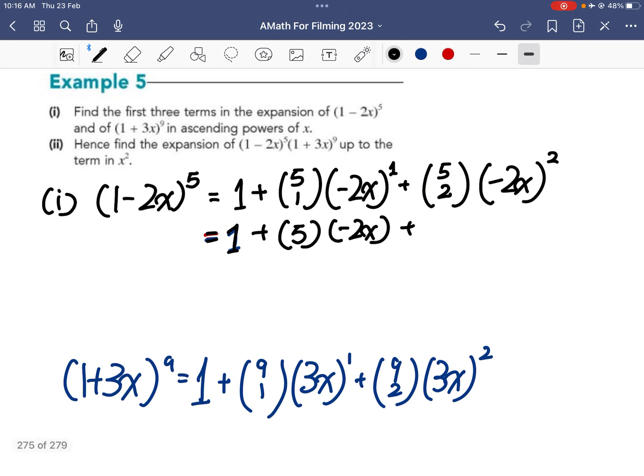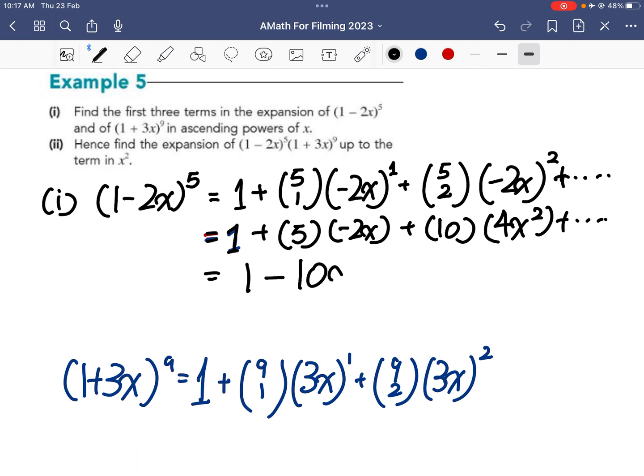For example, 5 choose 2: 5 times 4 is 20, divided by 2, so the value is 10. Then negative 2x times negative 2x is positive 4x squared, plus dot dot dot. So this simplifies to 1 minus 10x plus 40x squared.